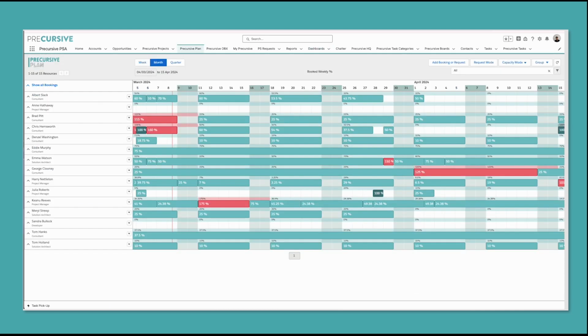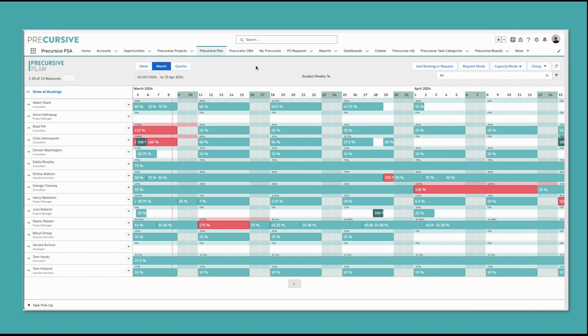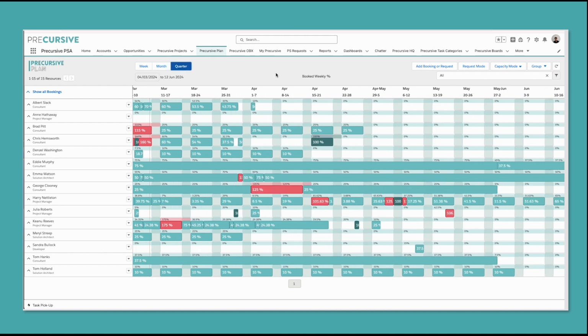So let's look at how we can visualize that, or at least know what's going on to begin with. If I hop into Precursive Plan, this is showing me my team down the left-hand side and their capacity and availability. And if we zoom out, we can see into the future where people have white space or are overbooked, or indeed may have some availability. And then I can obviously look at that in different ways.